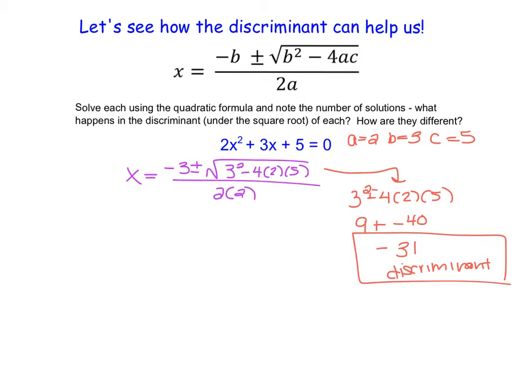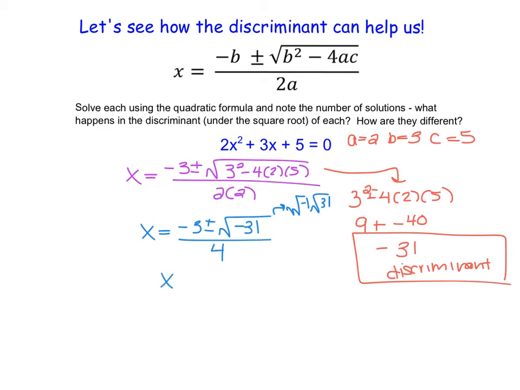So if I go and replace that into my equation, I have x equals negative 3 plus or minus the square root of negative 31 all over 4. Well, because I have a negative 31 in there, I know I want to simplify that so it doesn't have a negative. So I would do the square root of negative 1, the square root of 31.